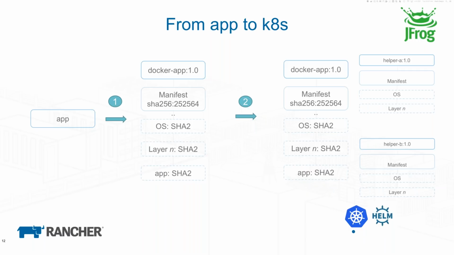Historically, when I started development, we talked about the application. Then some years back, we started talking about the Docker container. And now today, we're talking about the Docker container in Kubernetes, hopefully, as we'll discuss, using a Helm chart.